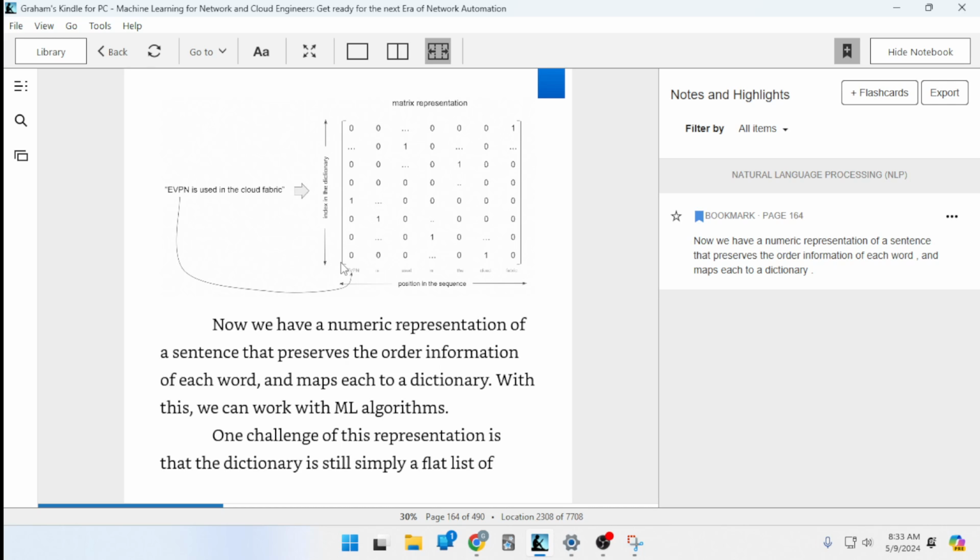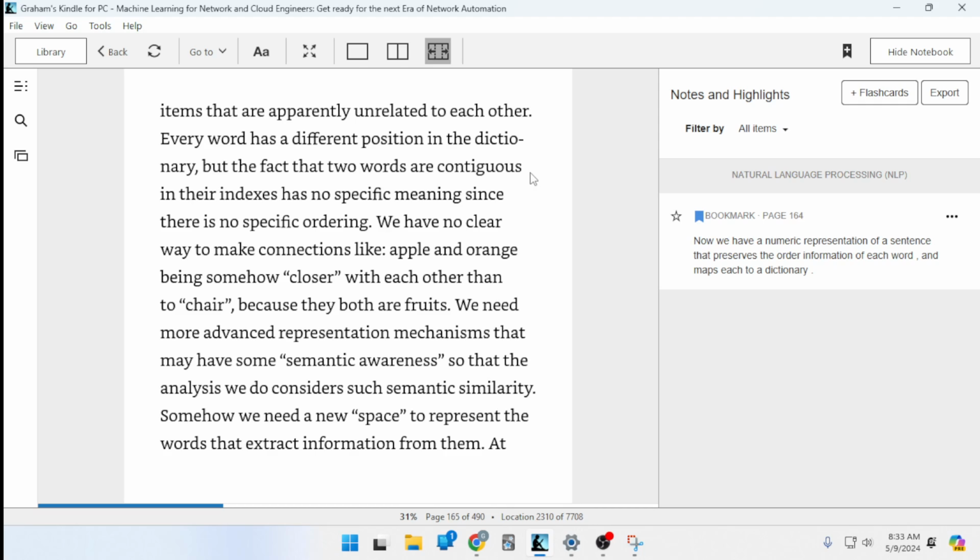Now we have a numeric representation of a sentence that preserves the order information of each word and maps each to a dictionary. With this, we can work on ML algorithms. One challenge of this representation is that the dictionary is still simply a flat list of items that are apparently unrelated to each other.